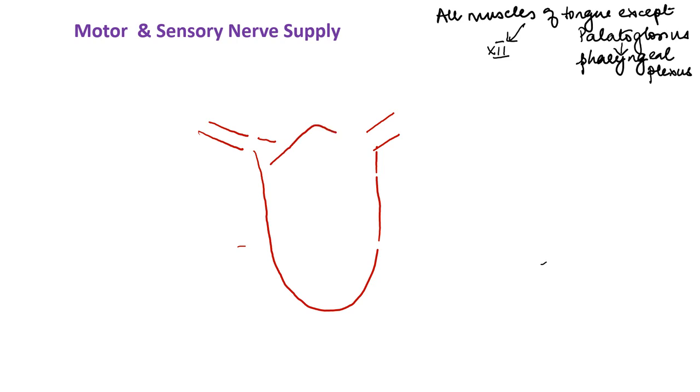Coming on to the sensory part. So let's draw again that simple diagram of tongue, which now you should be well versed with. The palatoglossal arch, the anterior two-third, the sulcus terminalis, and then the posterior one-third of the tongue, the median glossoepiglottic folds, the epiglottis, the lateral glossoepiglottic folds with the vallecula in between.